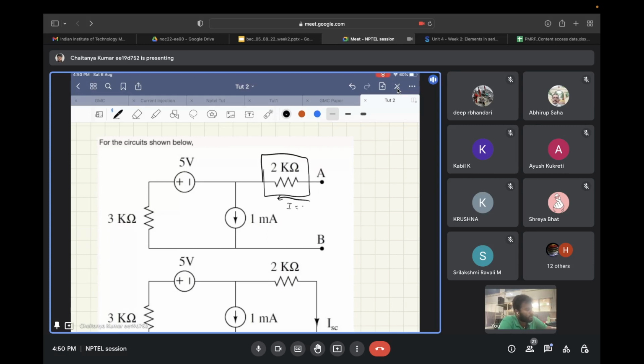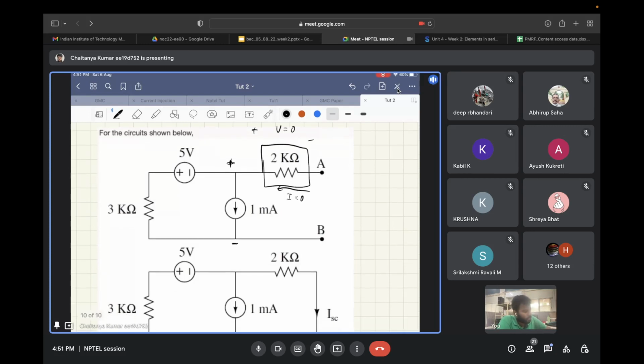The current will be zero across it, so the voltage developed across it will be zero. Now whatever voltage develops across VAB will be the voltage that develops in this branch.